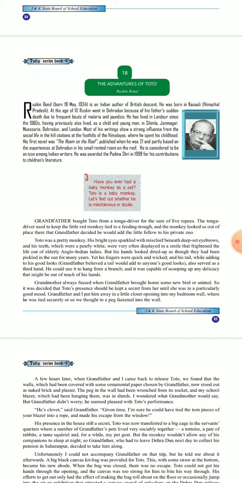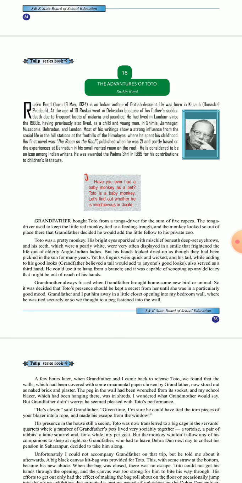Ruskin Bond talks about his grandfather. He says that his grandfather bought, the past form of buy. Buy means to purchase, कोई चीज खरीदना. He bought this little baby monkey from a Tonga driver for the sum of 5 rupees. He paid only 5 rupees to buy this little monkey.